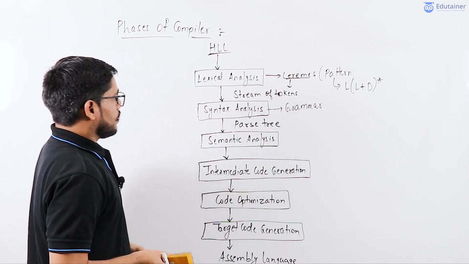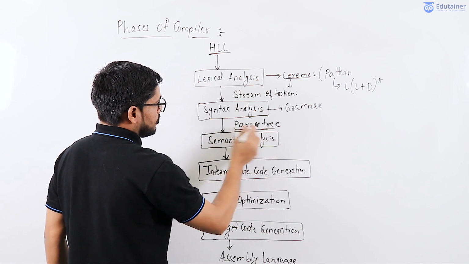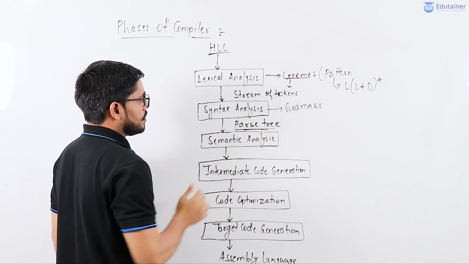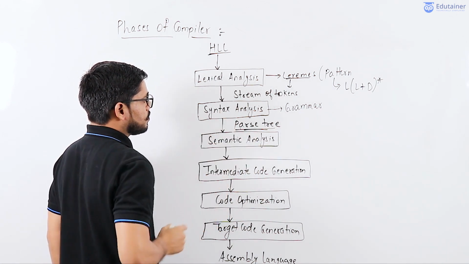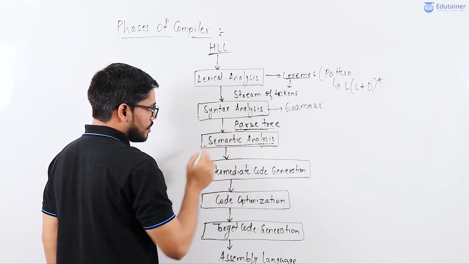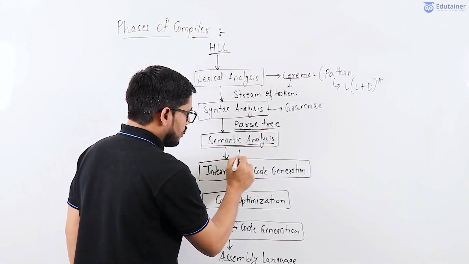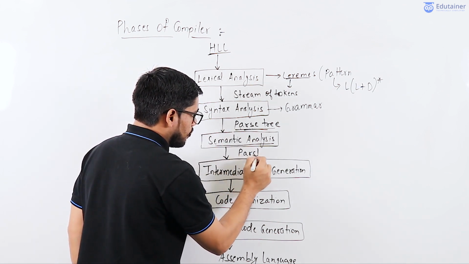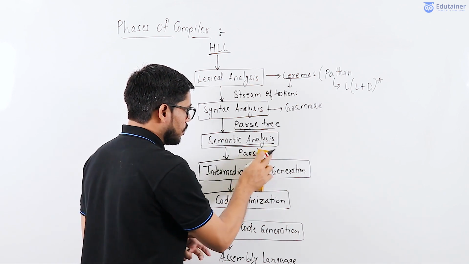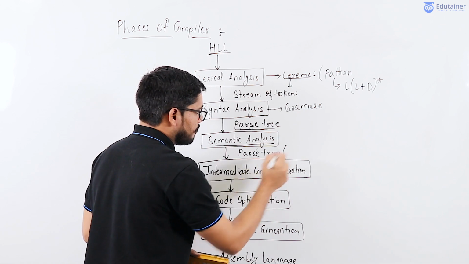Okay, now when we get parse tree as a result from the syntax analysis phase, then this parse tree is taken as an input by semantic analysis phase. Semantic analysis phase converts this parse tree into a parse tree which is semantically verified.